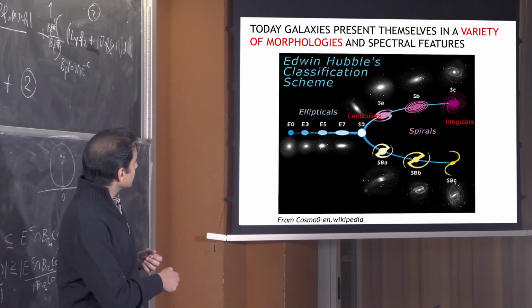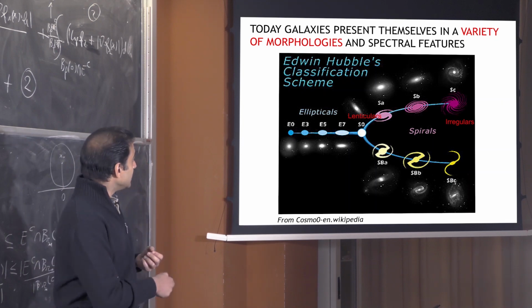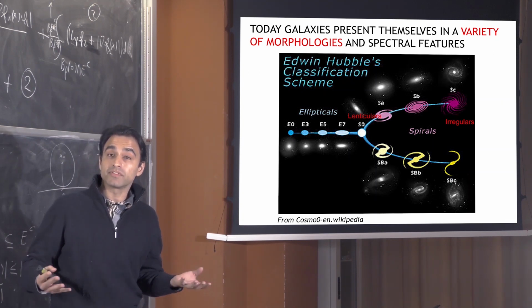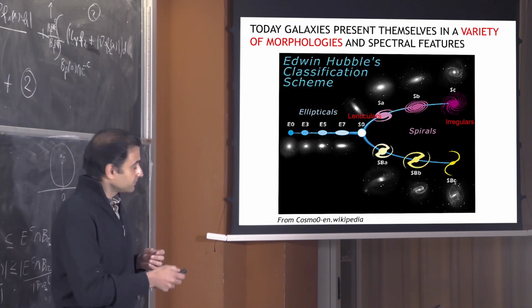On the left-hand side, you see these capital E's that denote ellipticals. Ellipticals are the most massive galaxies in the whole universe, and they come in a sort of round shape.